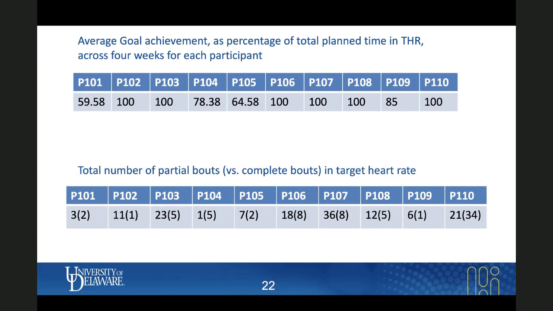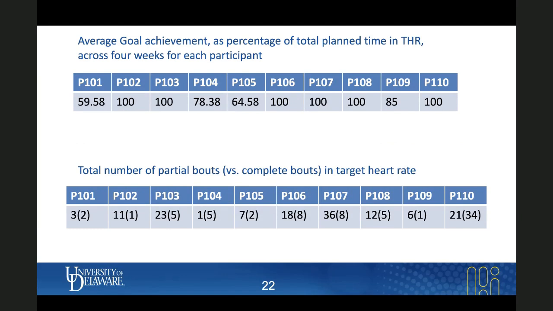To do that, the first table reflects that we relaxed the notion of bouts. I'm going to repeat the same example: 3 bouts of 20 minutes each in a week. We relaxed the notion of bouts and only looked at how many minutes, up to 60 minutes in the example, they spent in the target heart rate without maintaining it consecutively.